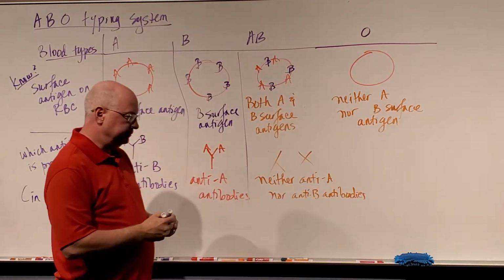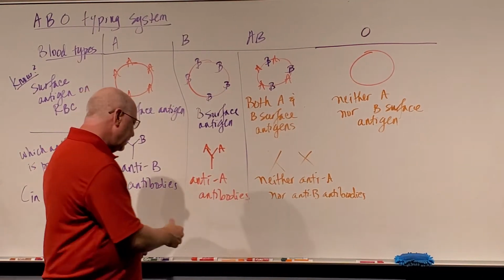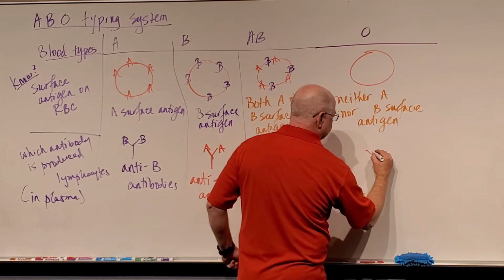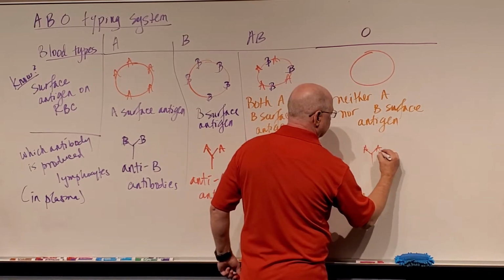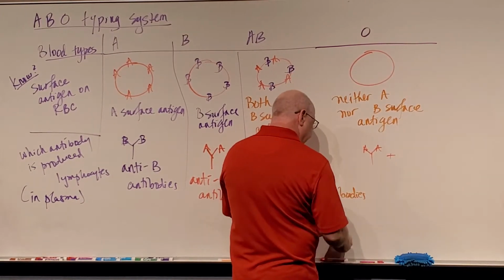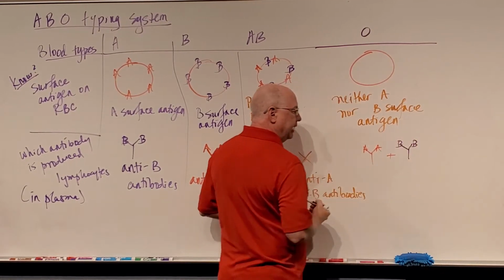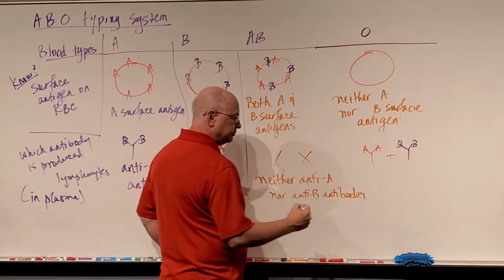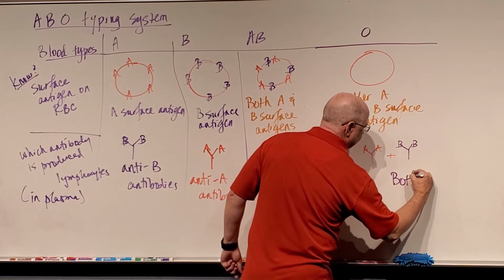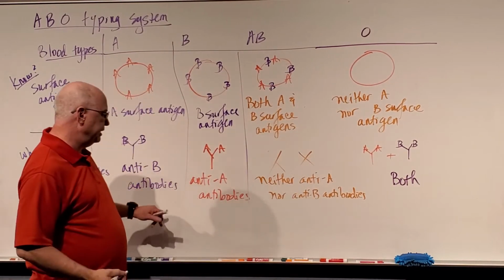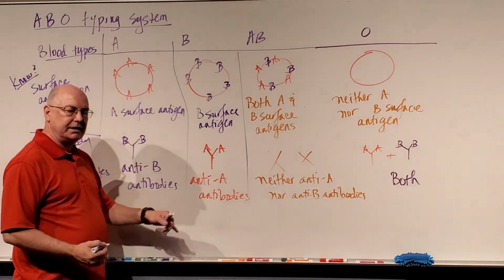They don't make either one. And in their plasma, they are automatically going to have this. They're going to have both the anti-A and the anti-B antibodies. I'm not going to write all that out, but you could say they have both the anti-A antibodies and the anti-B antibodies.